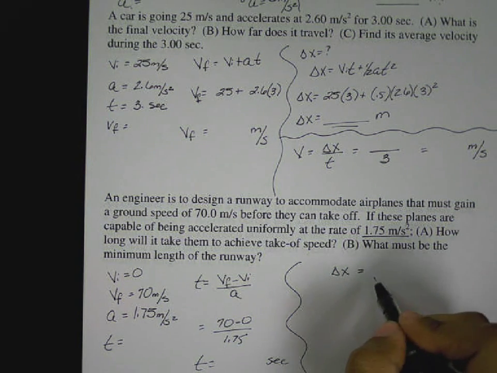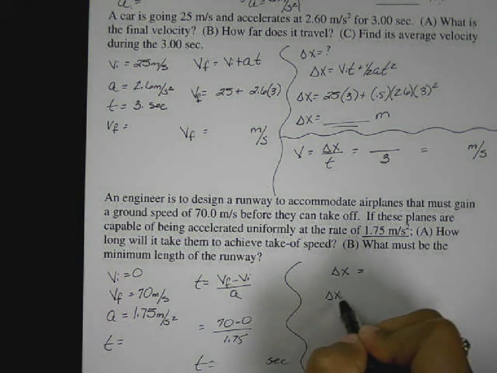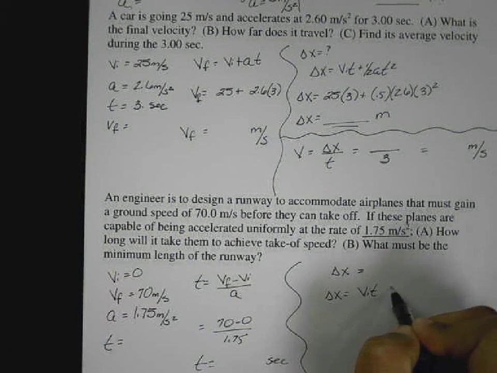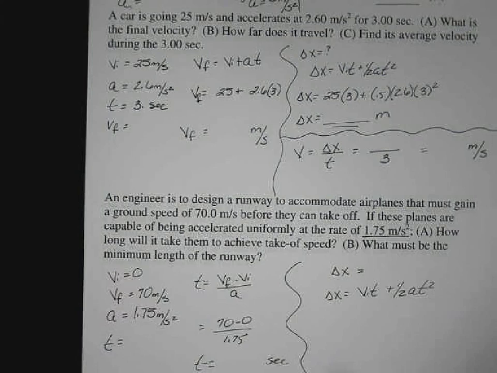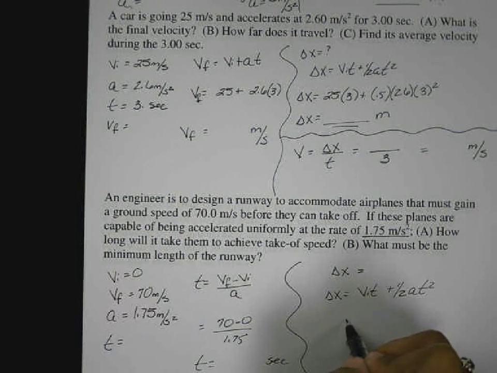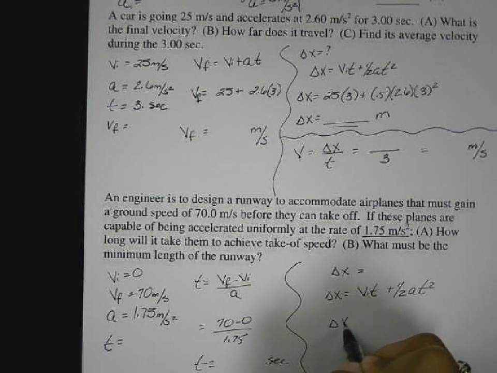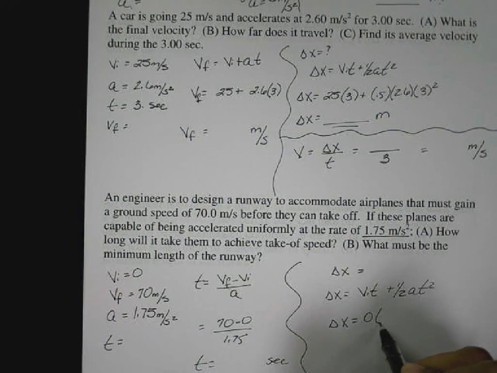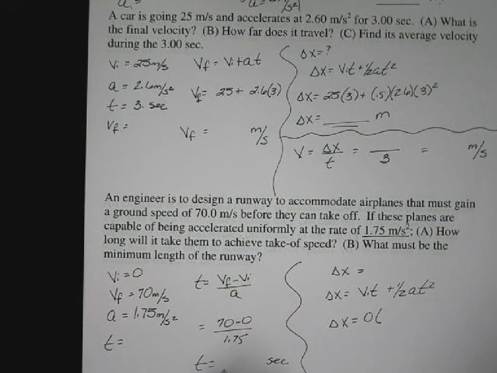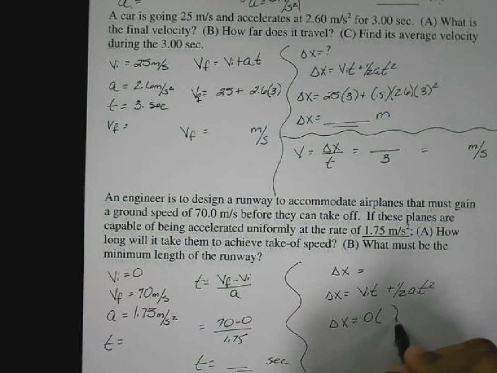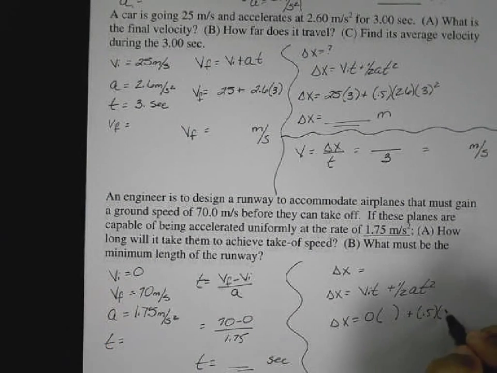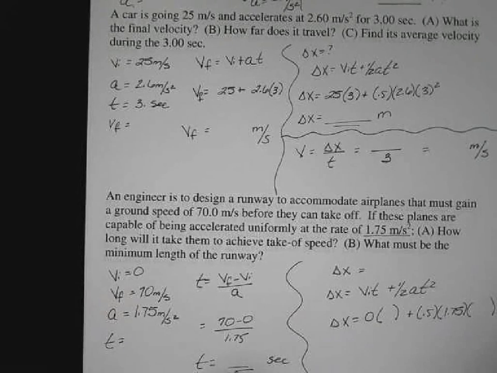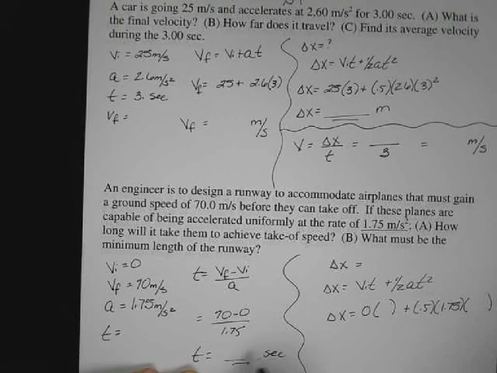Okay, and then the last one is the displacement. So delta x is equal to VIT plus 1/2 AT squared. By the time you get done with your UT homework, you will have all these memorized. So delta x is 0 times whatever time we get here, plus 0.5 times my acceleration, 1.75, again, times whatever time we get down here.